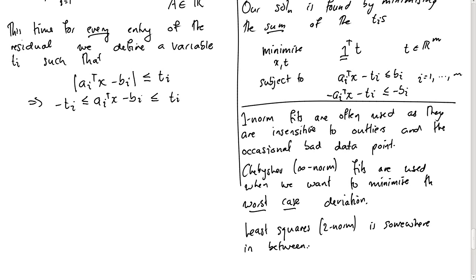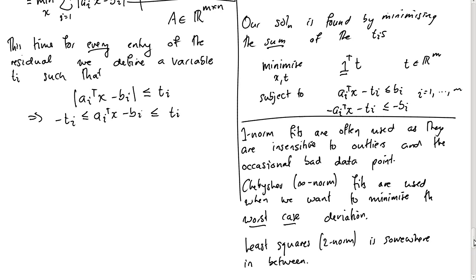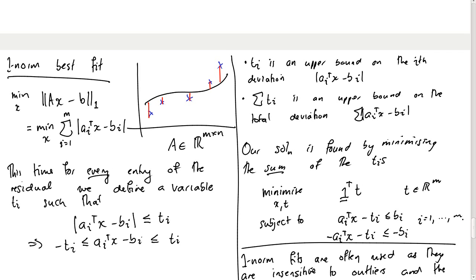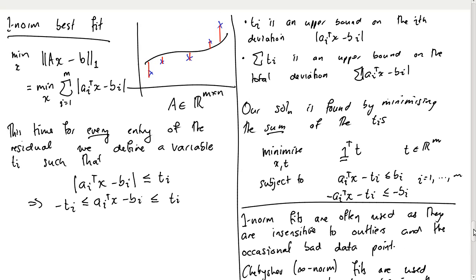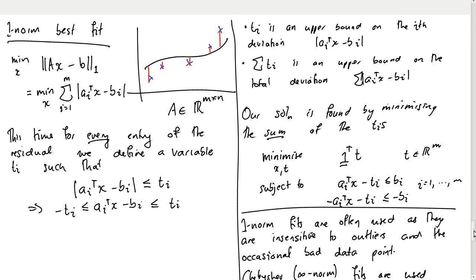Okay, now least squares, however, is a very important case because if the deviations, so let's just flick back up to our picture for a second. If it's known that they come from a normal distribution, okay, for the statisticians out there, if you know that these deviations are basically samples from a normal distribution, then the least squares, or the 2 norm best fit, is actually the maximum likelihood estimate of the model.